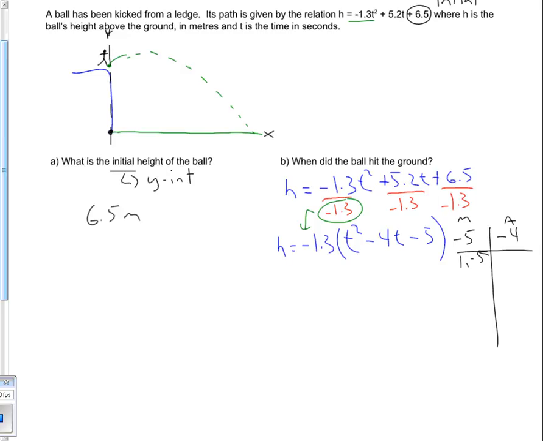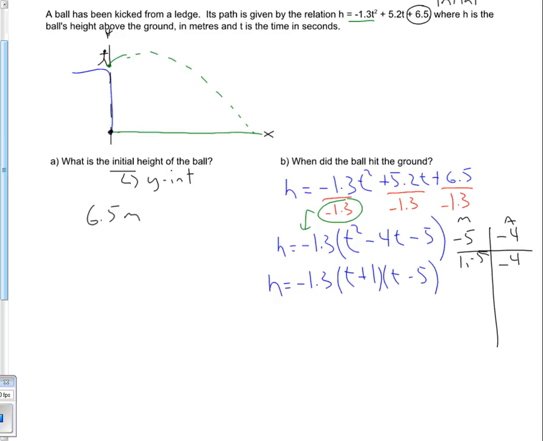And that's great. And when I add those two things together, they add to negative 4. So in factored form, this is going to be negative 1.3 times t plus 1 and times t minus 5.